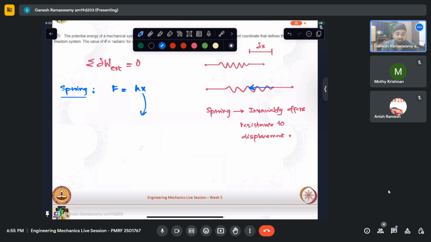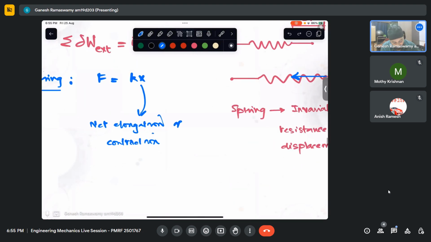So this is essentially the displacement of the spring, or I should say the net elongation or contraction. Now is this equation complete? No, I have to put a minus sign because it is invariably opposite in nature. This is the force in the spring. So if I give a positive displacement, it will give me an induced negative force in the spring. Whereas if I give a negative displacement, it will give a positive force.